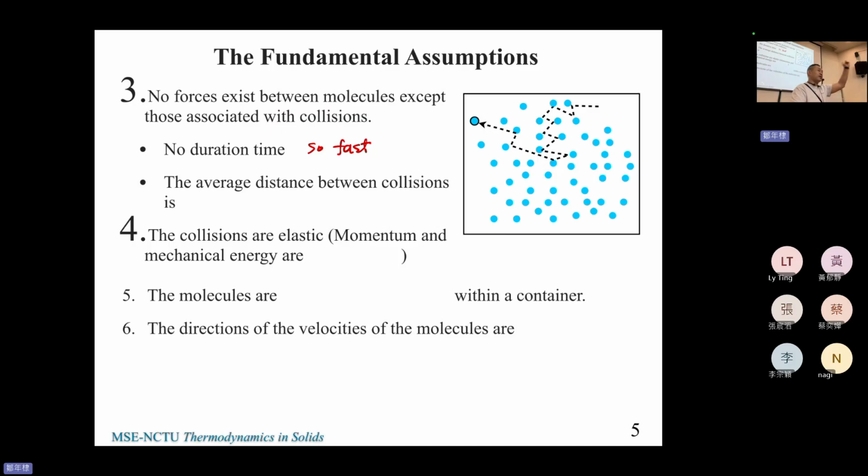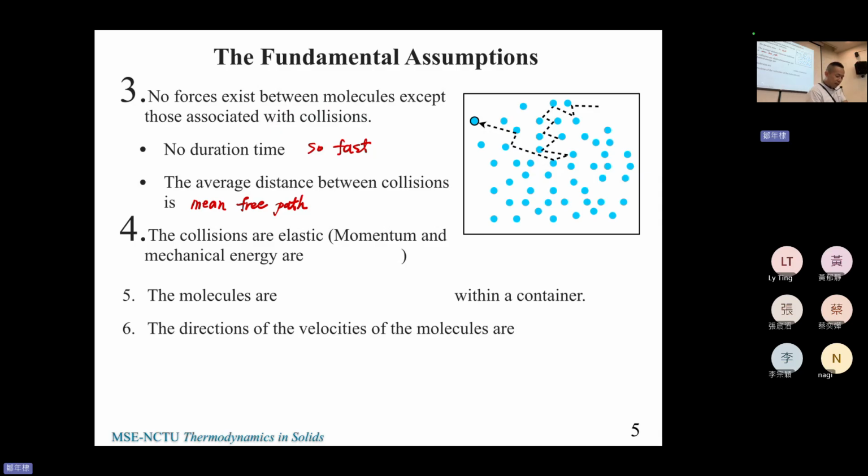We only talk about the average distance between collisions, the mean free path. Because the duration of each collision is so small, we don't take time as our measurement for the bumping. We only consider the average distance between bumps, which is called the mean free path.